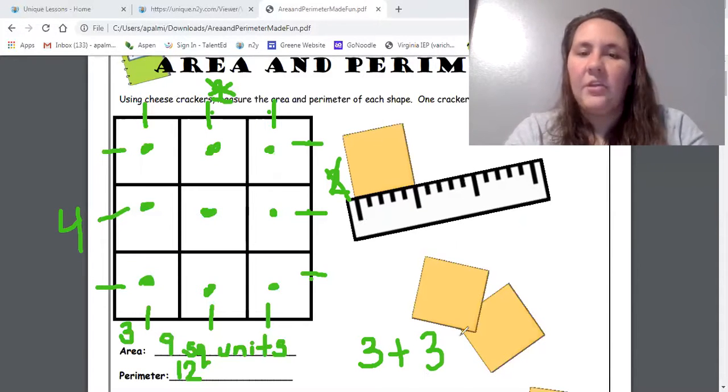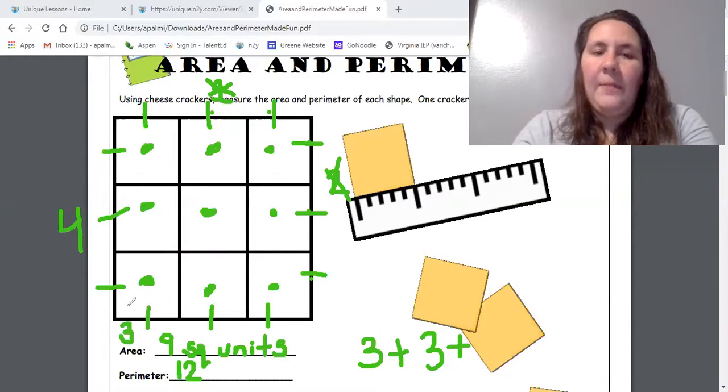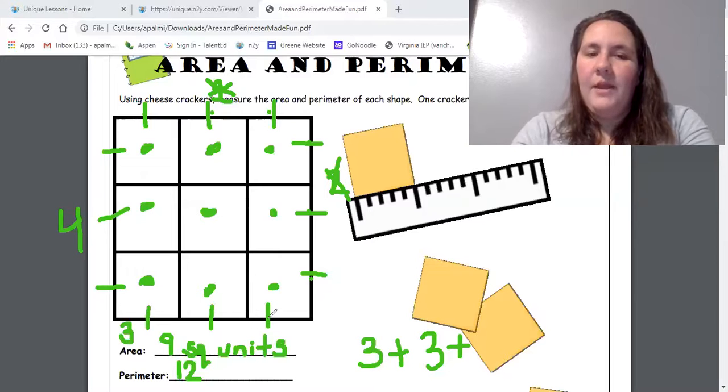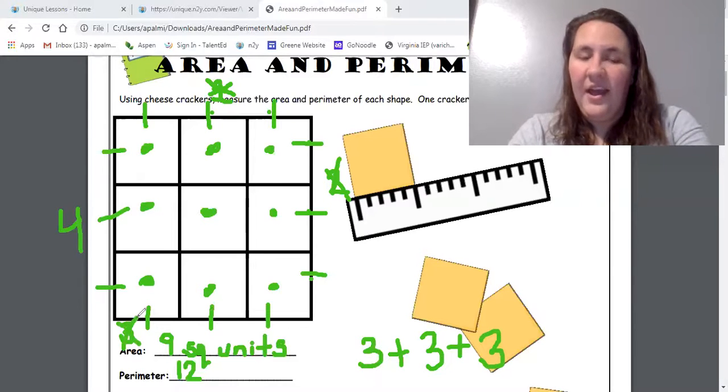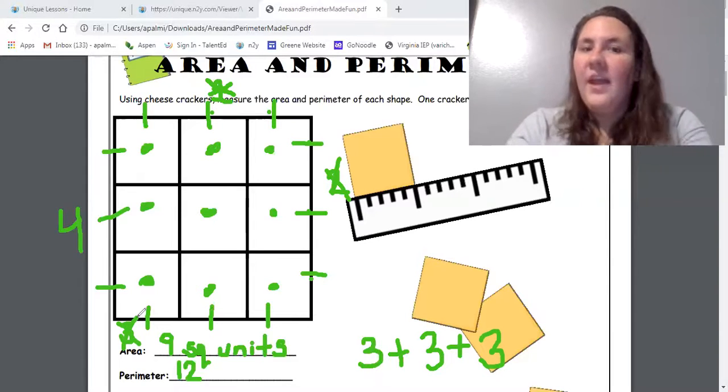Am I done, or do I have more sides? Yeah, I have more sides. So I'm going to put a plus because I'm adding more. And I need to know how many are on side 3. Ready? 1, 2, 3. Okay. Put my 3. I cross out my 3 for that side because I got that side. And am I done, or do I have one more side? Yeah, I have one more side.